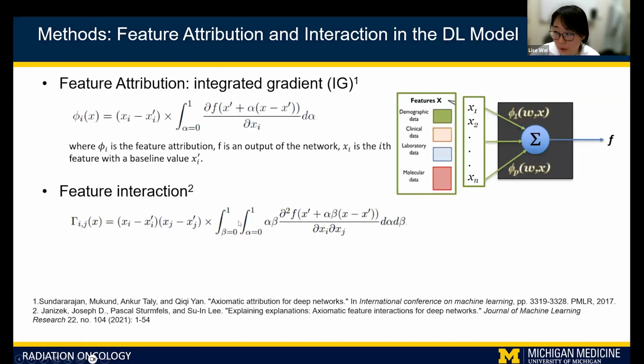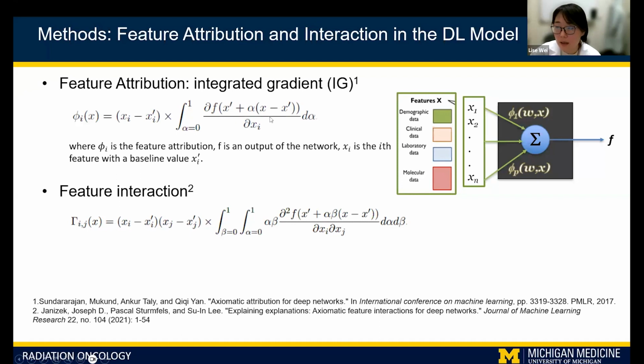For the feature attribution and interaction in the deep learning models, we used a method called integrated gradients. After we train a network, there will be an output when we have a patient's input information, and then we can take the derivative of this output function with respect to the input.